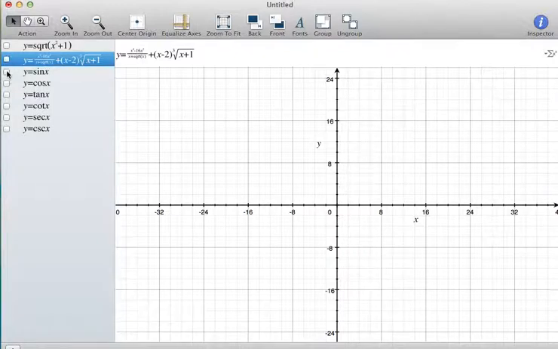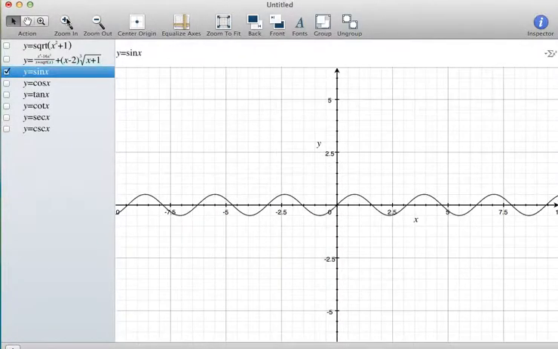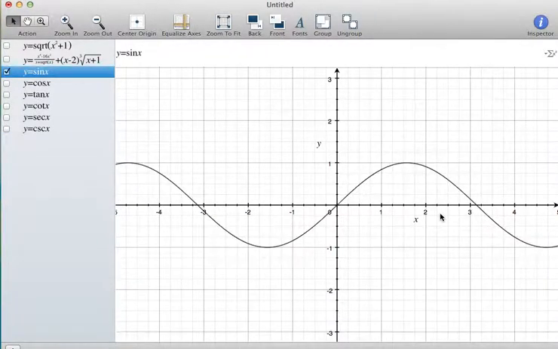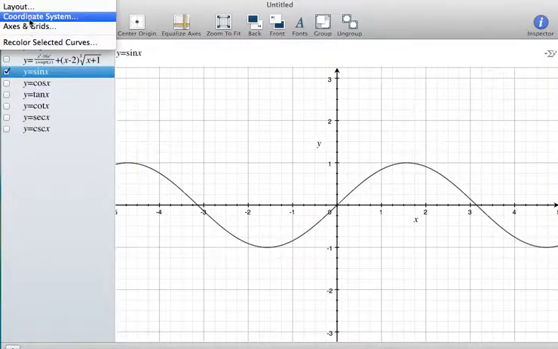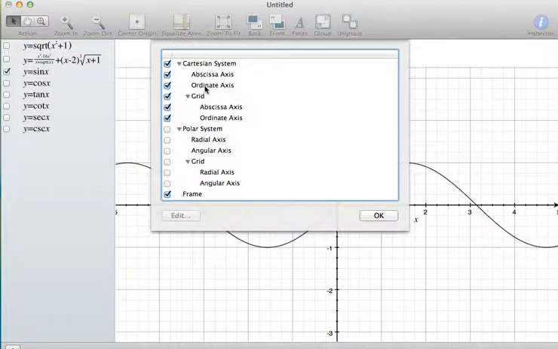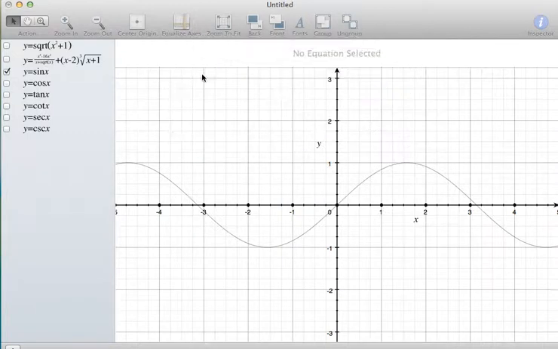And now for the trig functions. You should know the trig functions already and their graphs from Algebra 2 or pre-calculus or your trig class. So this is sine x. It goes through the origin, goes up to 1.